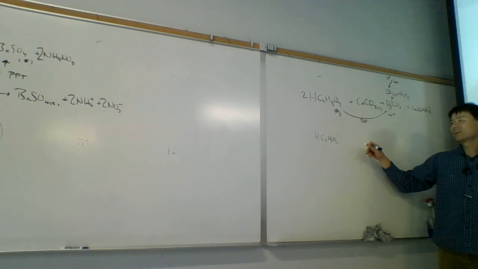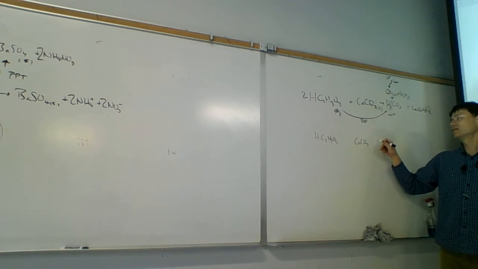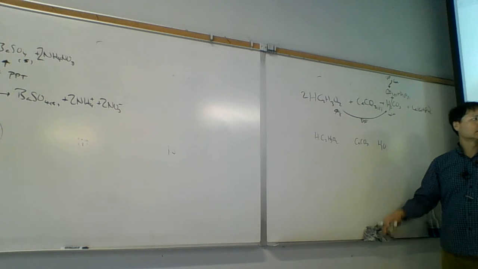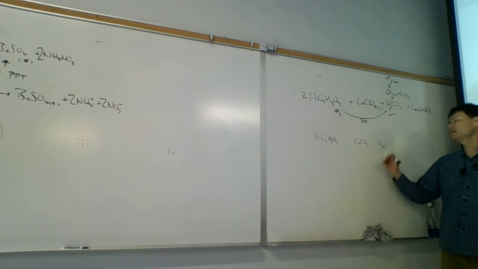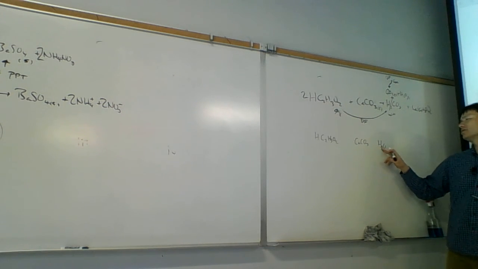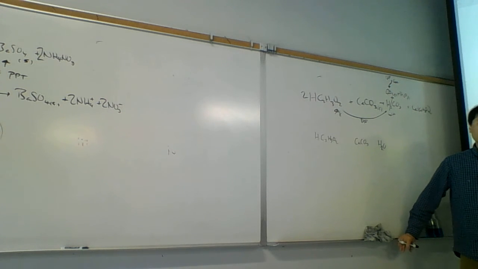Calcium carbonate, does it break apart or stay together? It stays together, and water. This is it, and so we look for reactions here. This one is more difficult, more complex. I'd give you a simpler one, like the ones I gave you in class.